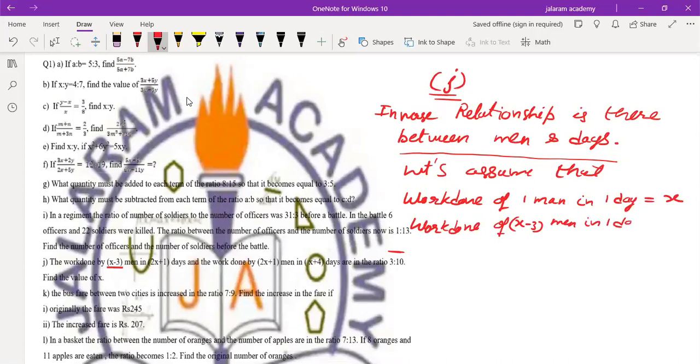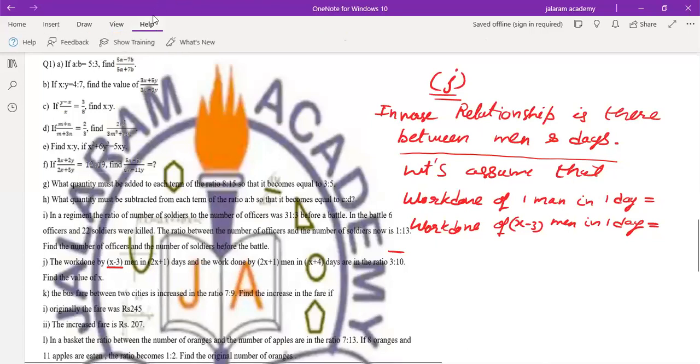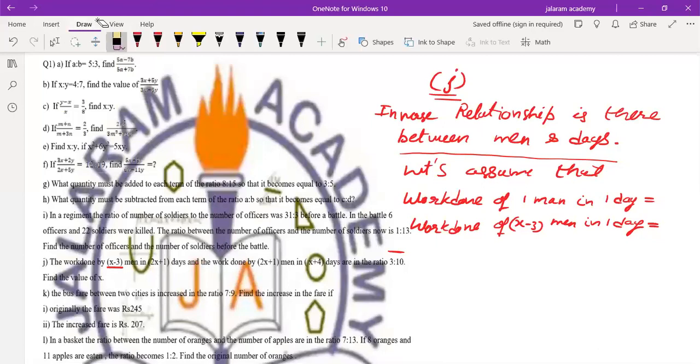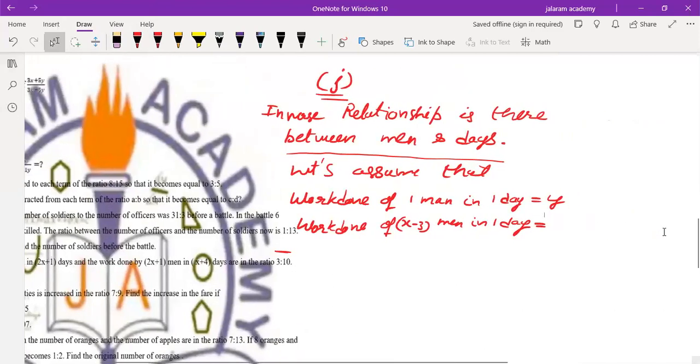In the question x is already given, so in place of x, if we use y, it will be better. The work done by x minus 3 men in one day, what will it be? Clearly, it is a direct relationship between work done and men, so it will increase. It is x minus 3 into y work.